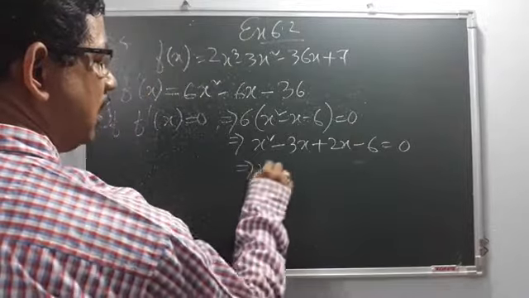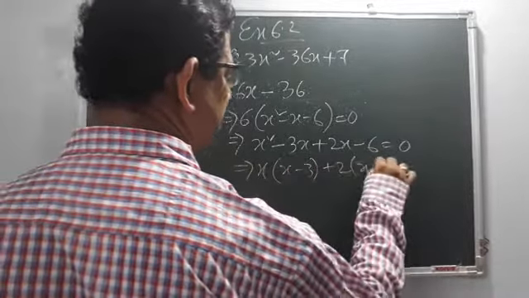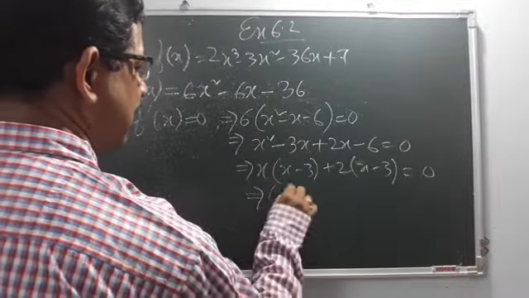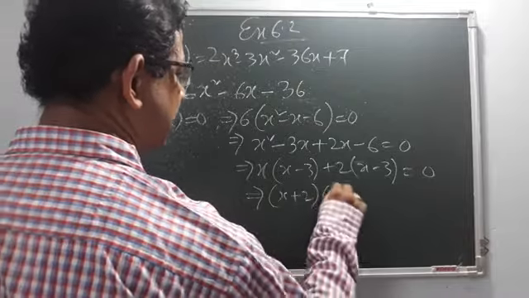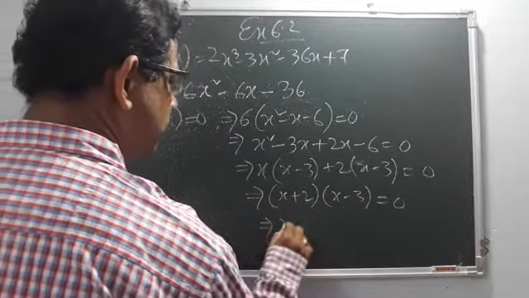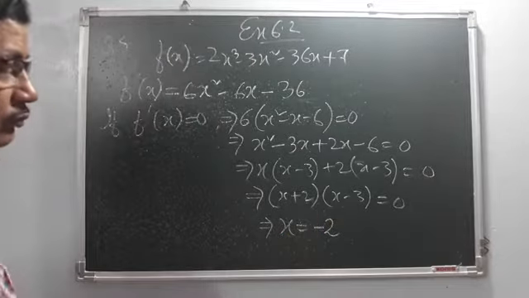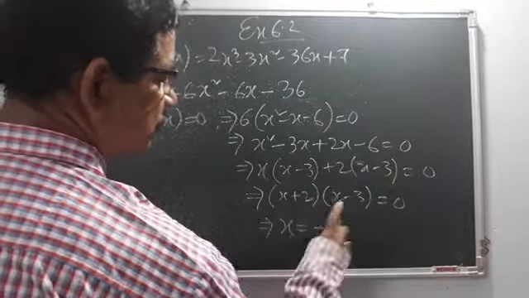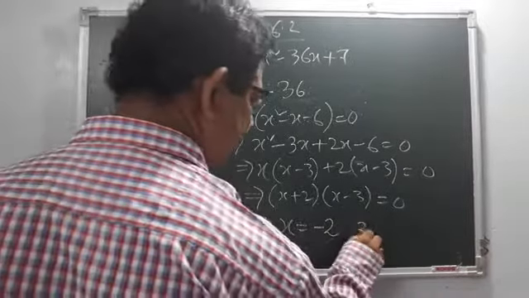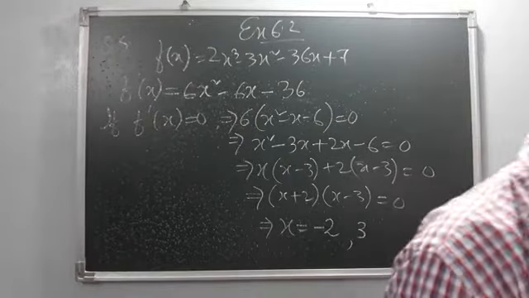Then taking x common: x(x − 3) + 2(x − 3), which implies (x + 2)(x − 3) = 0. So x + 2 = 0 gives x = −2, and x − 3 = 0 gives x = 3. So we get two values of x.